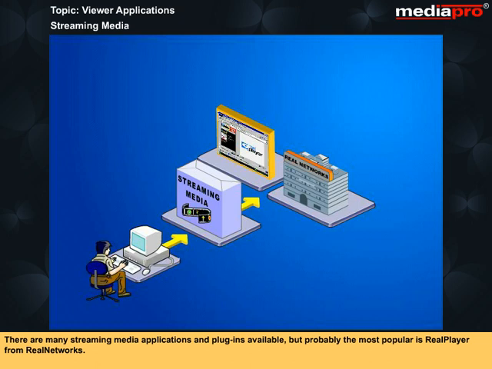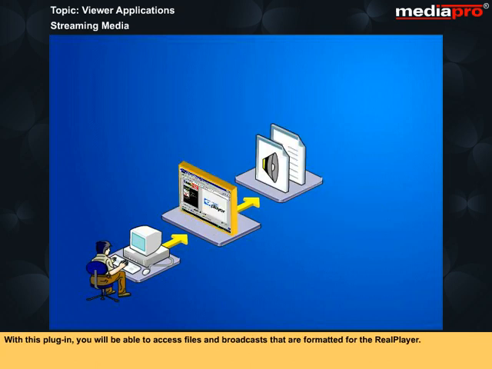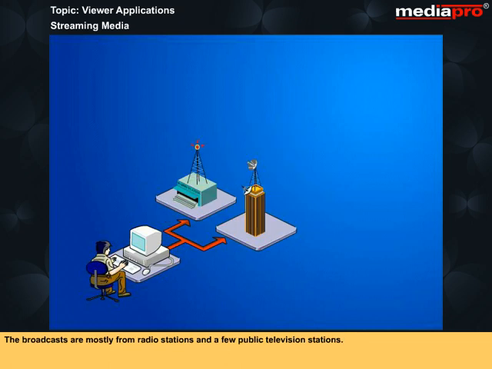There are many streaming media applications and plugins available, but probably the most popular is Real Player from Real Networks. With this plugin, you will be able to access files and broadcasts that are formatted for the Real Player. The files might be audio clips of recently released music titles or videos of news stories. The broadcasts are mostly from radio stations and a few public television stations.